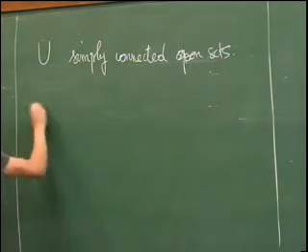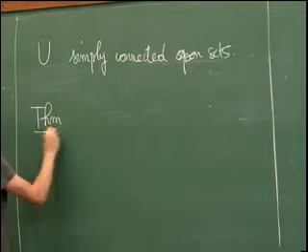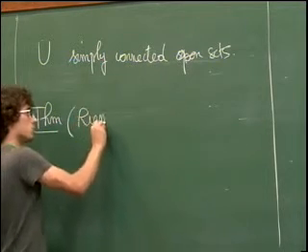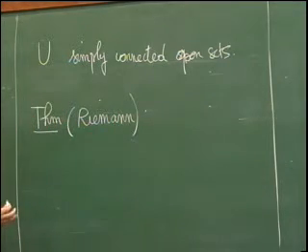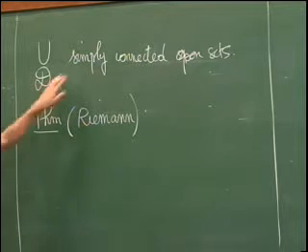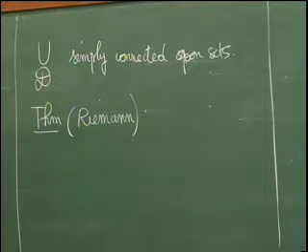OK. And so the first theorem I want to discuss, which is due to Riemann, is the following. If you take U or D, it will depend, a domain. This is usually called a domain.